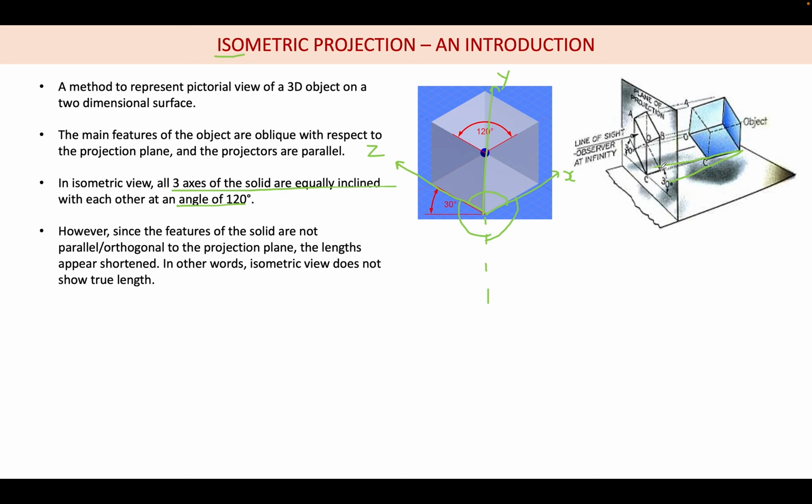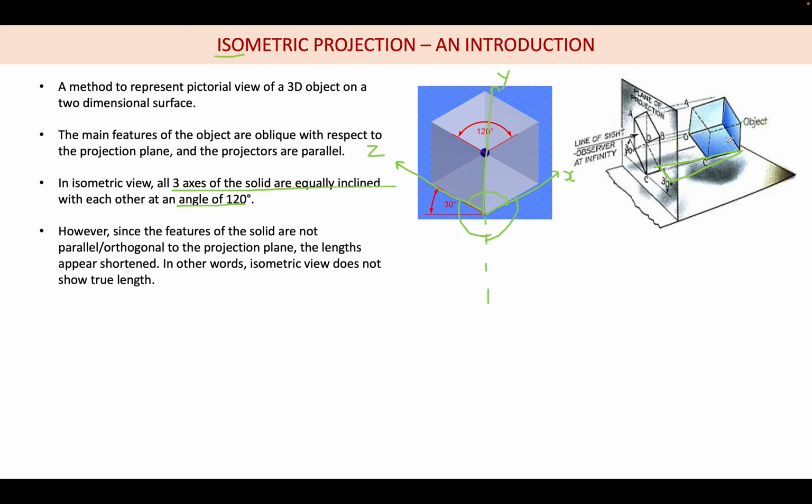So you can see that the projected length will be slightly different. But in orthographic projection you saw that we always get the true length. In isometric that is not the case.